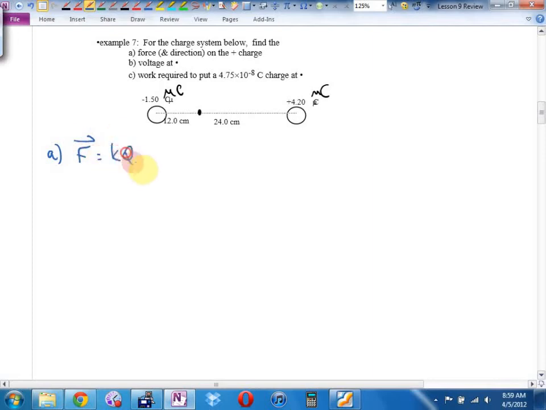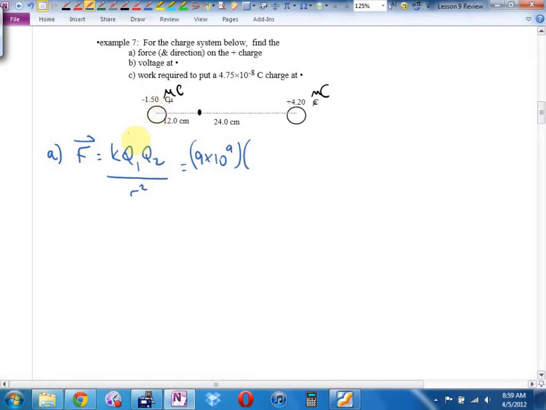K, Q1, Q2 over R squared. Where K is what? Q1, am I going to put a negative in here? Brianna? Why?